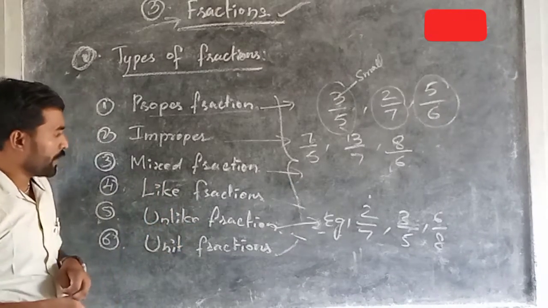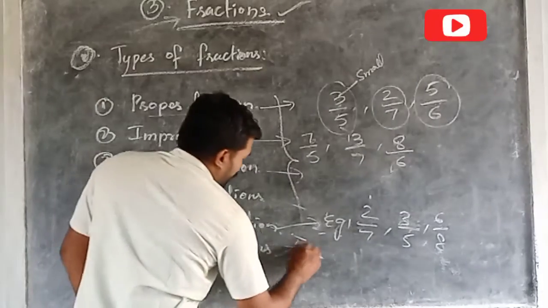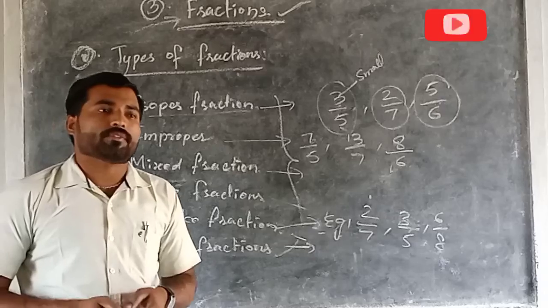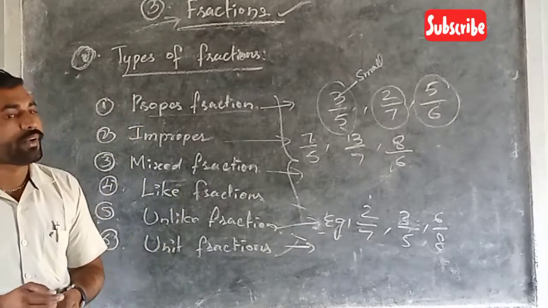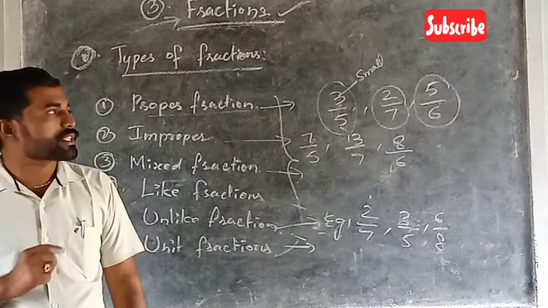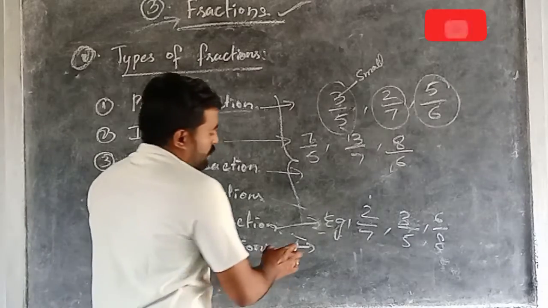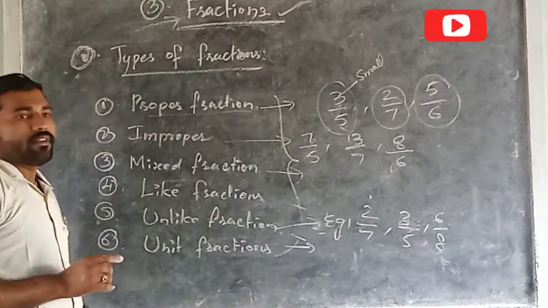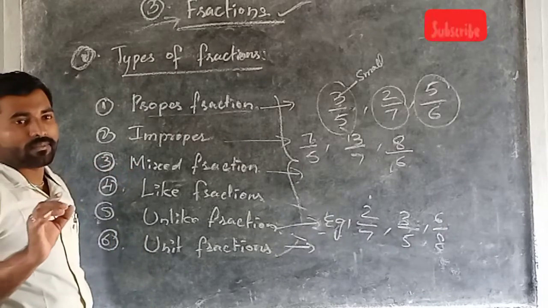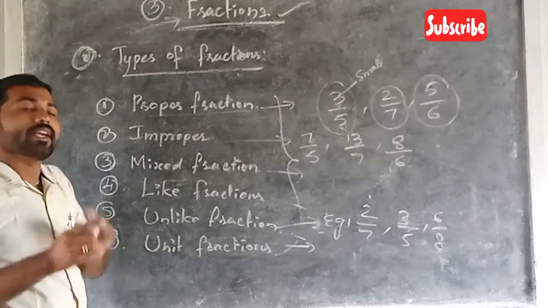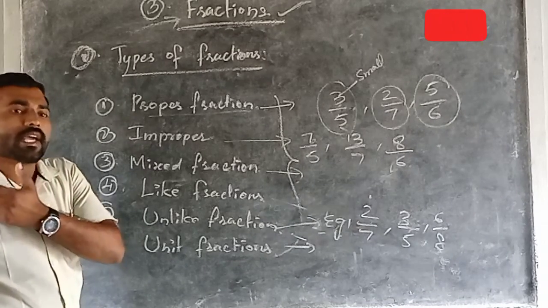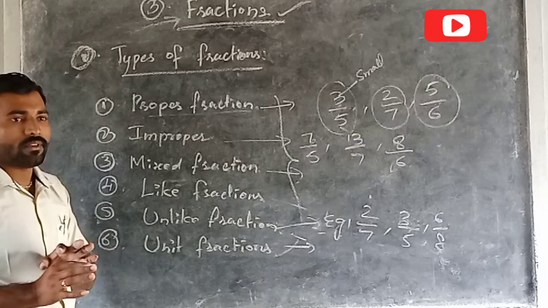Yes, sir. Okay, finally, let us discuss the unit fractions. What are those? Unit fractions. A unit fraction is one where the numerator is always 1, but the denominator is any number.